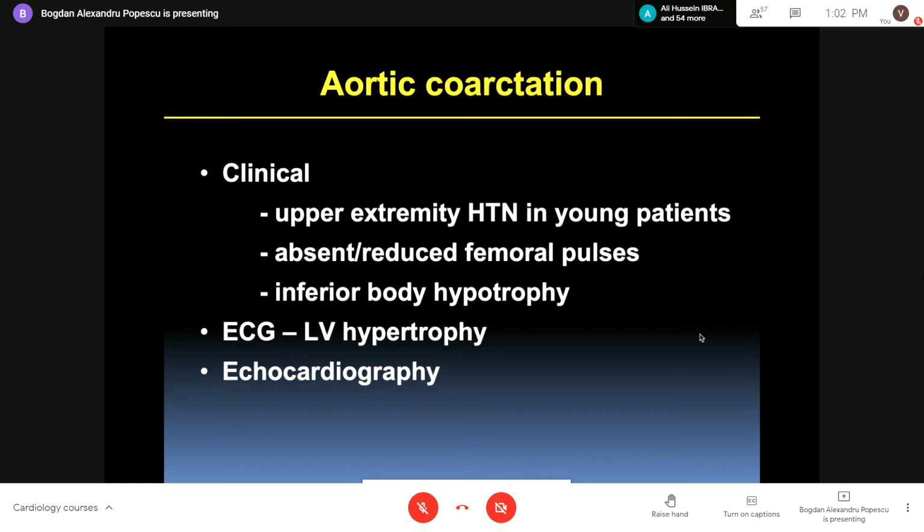Okay? And because this is after the emergence of the subclavian artery, it means that the blood that goes to the upper arms, the upper extremity, are proximal to the narrowing.